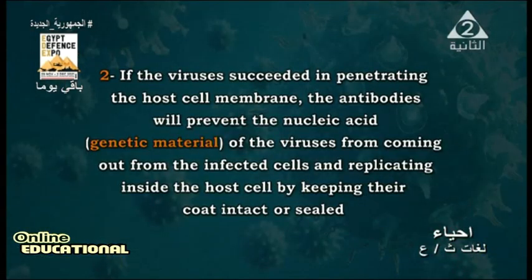If the viruses succeed in penetrating the host cell membrane, the antibody will prevent the nucleic acid, the genetic material of the viruses, from coming out of the infected cells and replicating inside the host cell by keeping their coat intact or sealed. Intact means cohesive, beside each other.